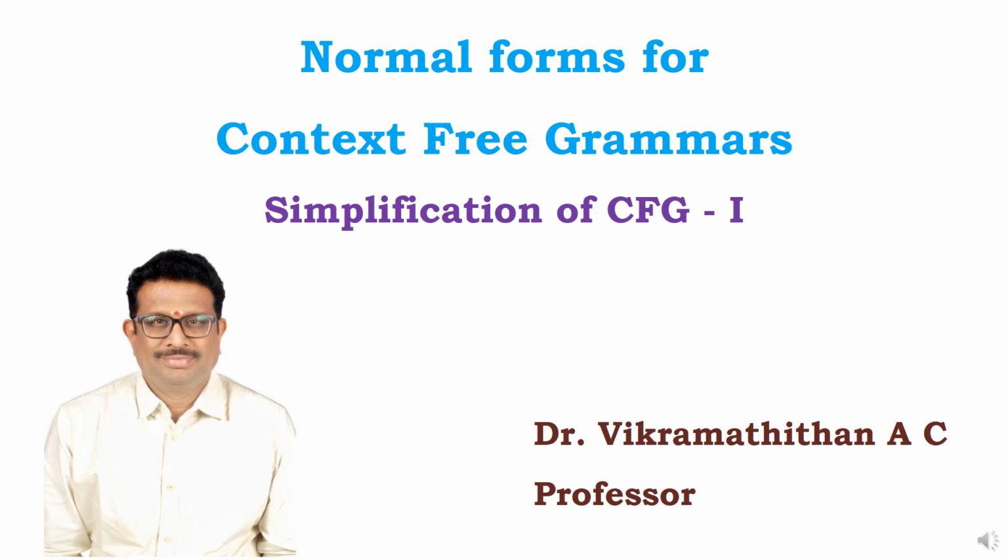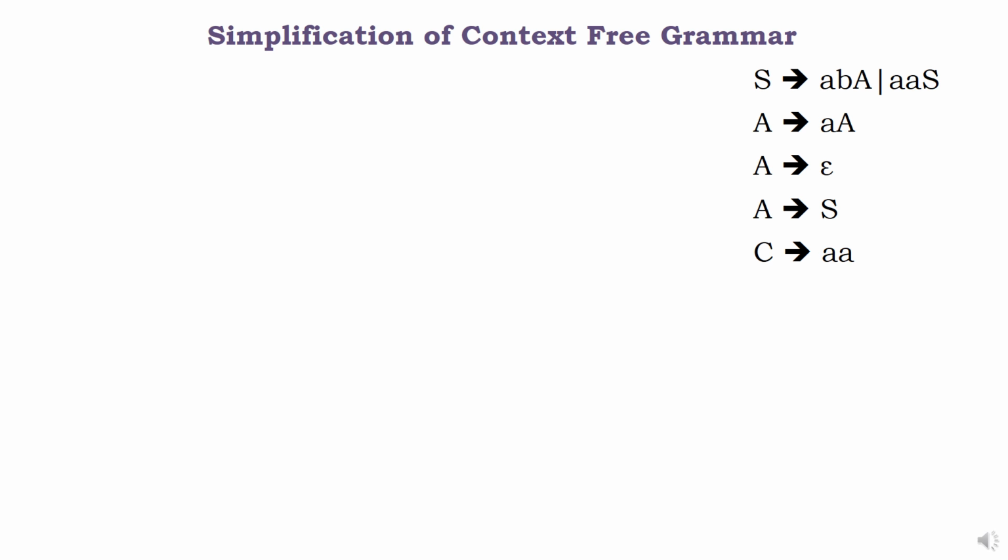Before entering into normal form, we should simplify the CFG. Let us start the work. How to simplify a CFG? Have a look at the context-free grammar given in this slide.